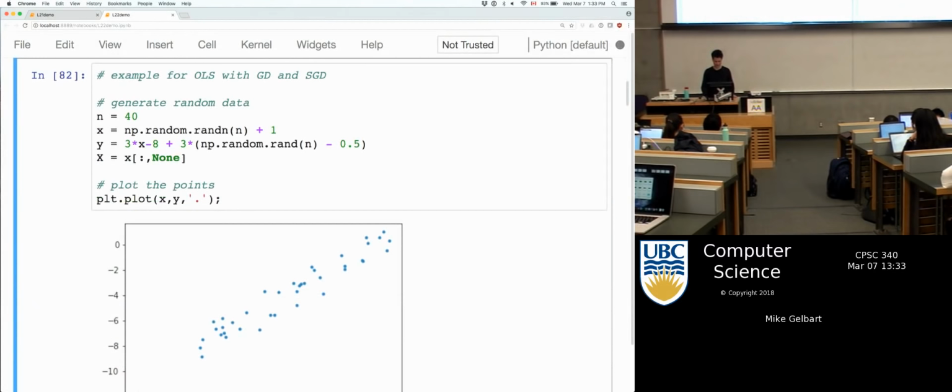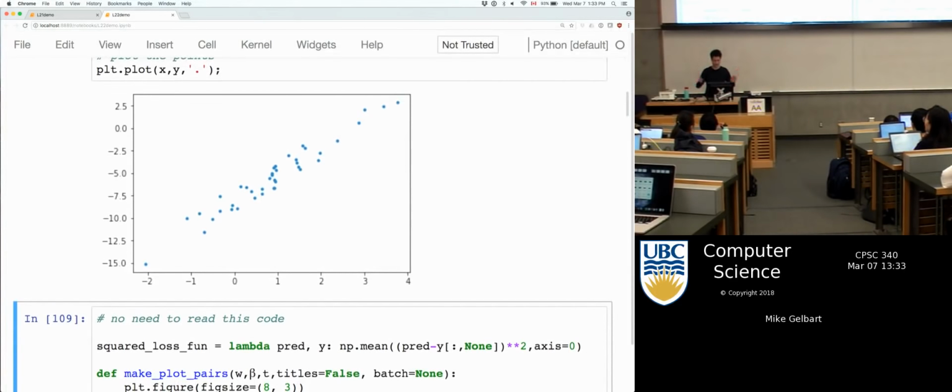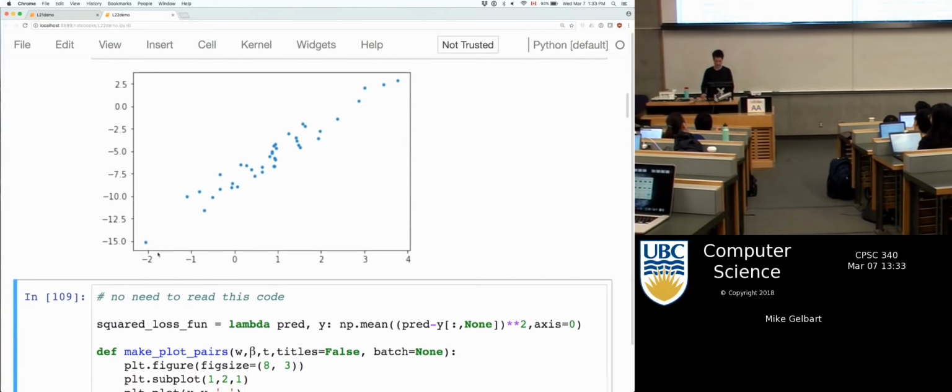You're probably tired of me generating synthetic 1D data sets, but what can I do? I just can't draw things for you in 10 dimensions. So here's a made-up toy regression situation where we have one feature, x, and our target value, y. And it looks like there's a sort of line-type trend going through it.